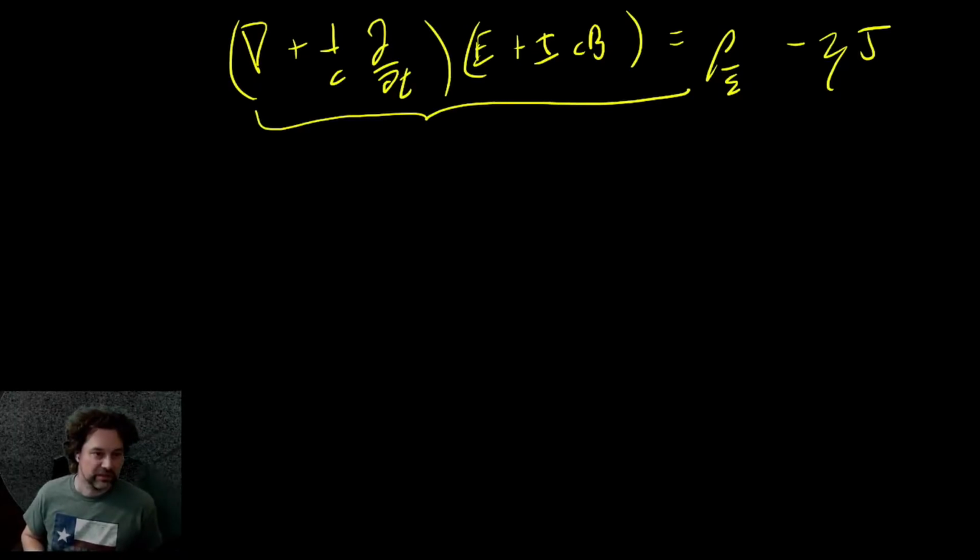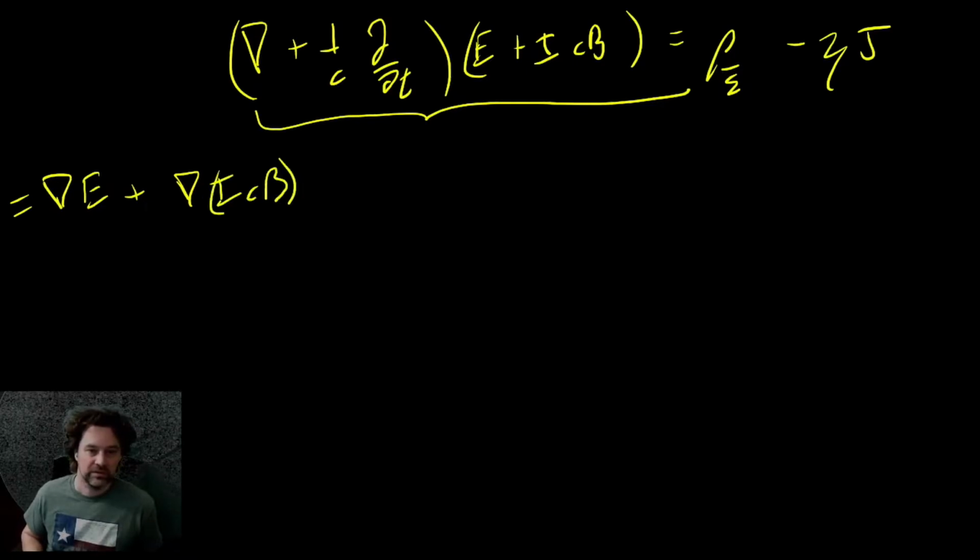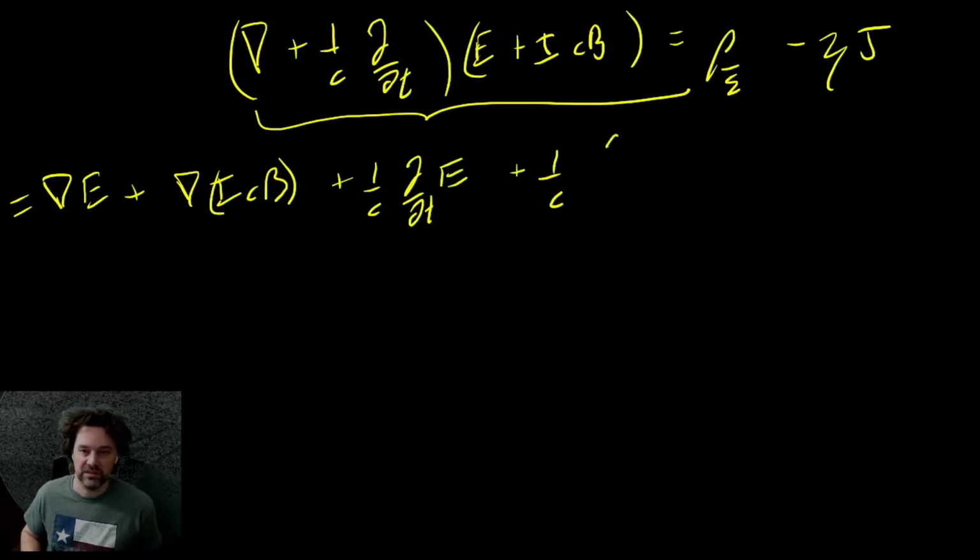So we have grad E plus grad ICB plus 1 over c d/dt of E plus 1 over c d/dt of ICB.